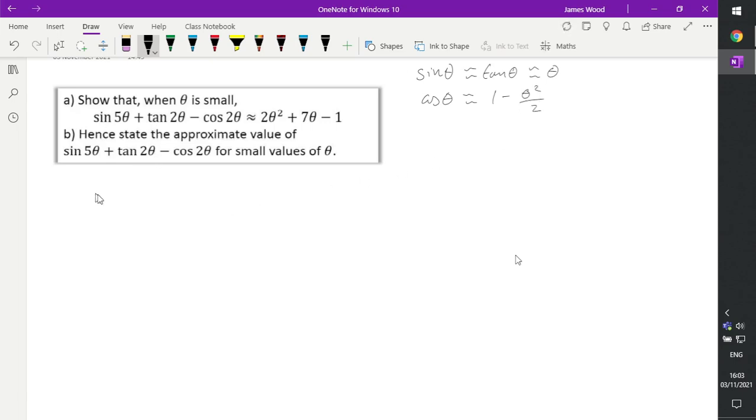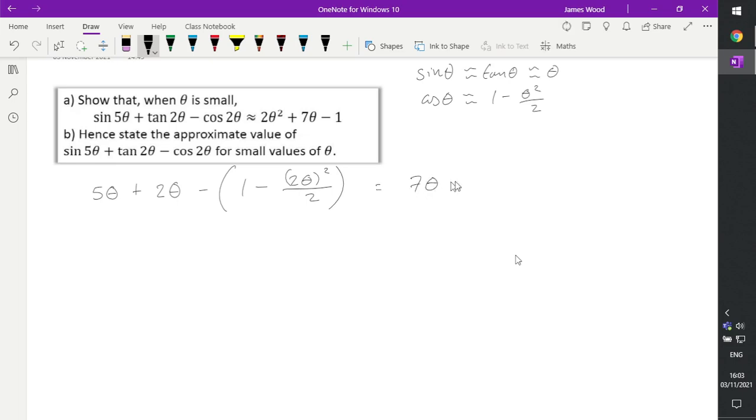So sin 5θ just becomes 5θ, plus tan 2θ becomes 2θ, minus cos 2θ, which is minus, let's put this in a bracket, 1 minus (2θ) all squared over 2.